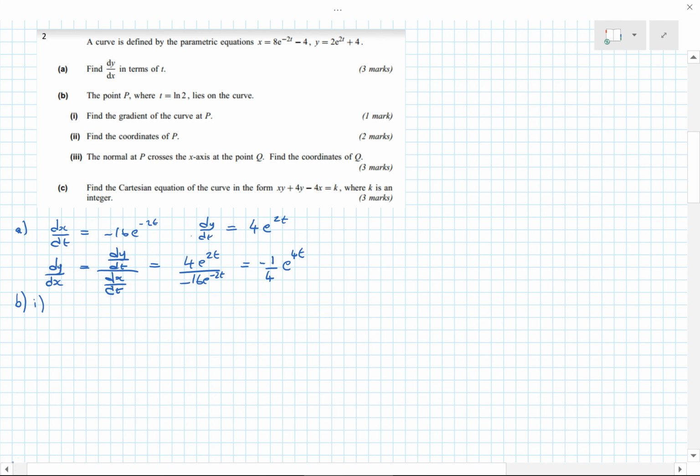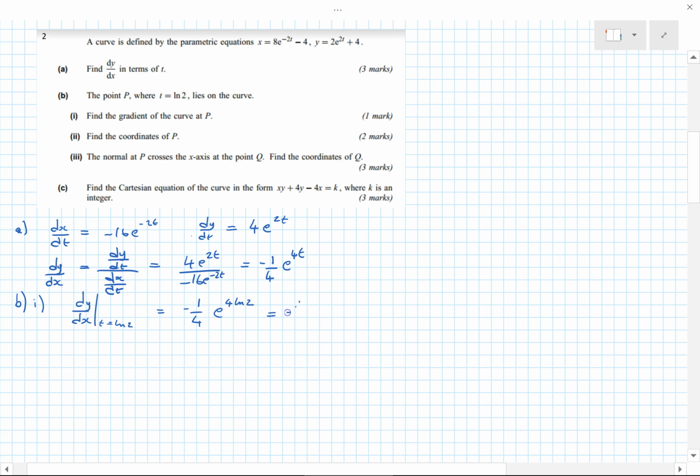So on B1, we want the gradient, so it's just a matter of subbing ln2 into this expression here. Okay, so we have dy by dx when t is equal to ln2, which will be equal to minus 1/4 e to the 4 ln2.